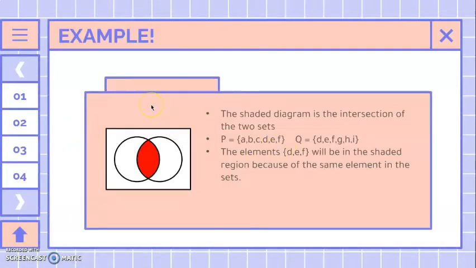So to explain more, you have this diagram. Say you have set P here and Q here.